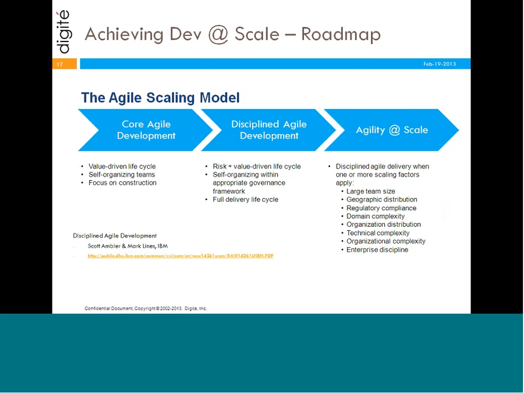So obviously the answer is that you have to take an approach and go through a sort of maturity curve, which Scott Ambler and Mark Lyons, who were formerly at IBM, put together in what they call the agile scaling model to get towards agility at scale. And they talk of organizations where there are large teams that are geographically distributed, that are subject to regulatory compliance, and that have organizational complexity, and then need to still manage agile at an overall organization level.